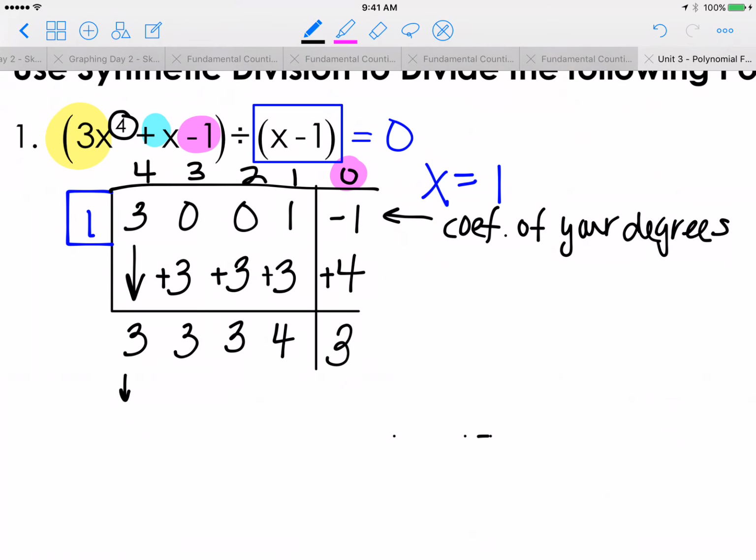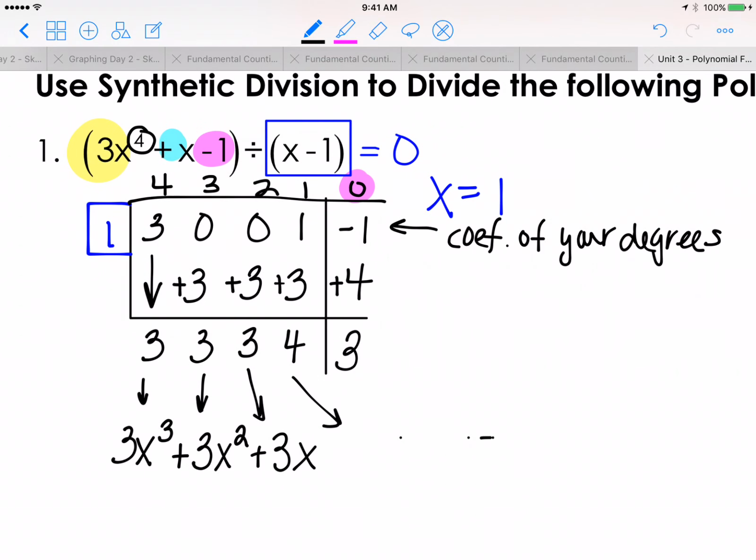So the first one's going to be 3x to the, remember, you're depressing this down. So if you start off with the fourth degree of a 4, then you have to go down by 1. So it's going to be x cubed. And the next one, plus 3. And then you go in descending order. x squared plus 3x plus 4.